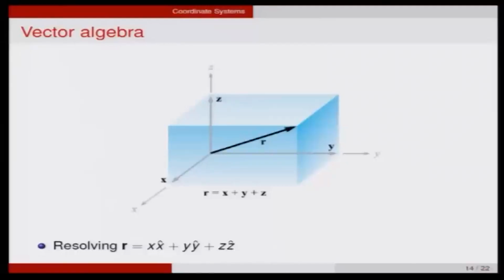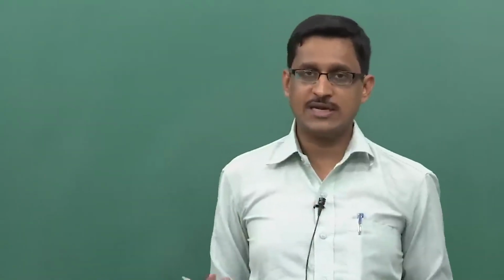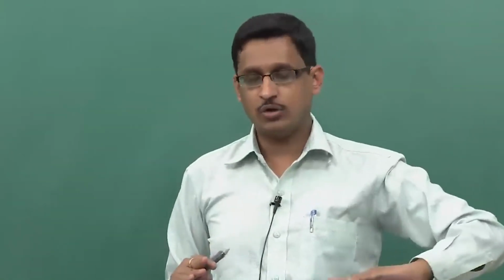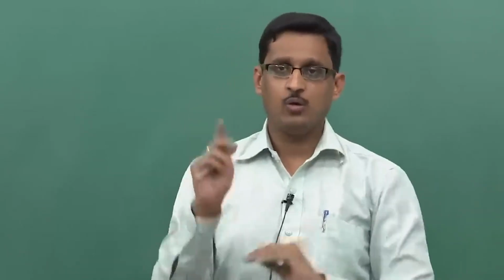That is precisely what we are going to do, and when you resolve a vector, you will actually be generating 3 mutually perpendicular vectors. Just as in the 2-dimensional case you generated 2 mutually perpendicular vectors, here you are going to generate 3 mutually perpendicular vectors.